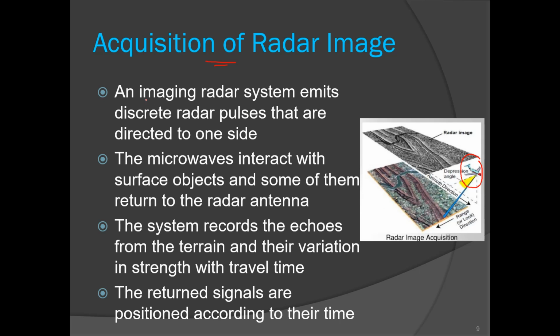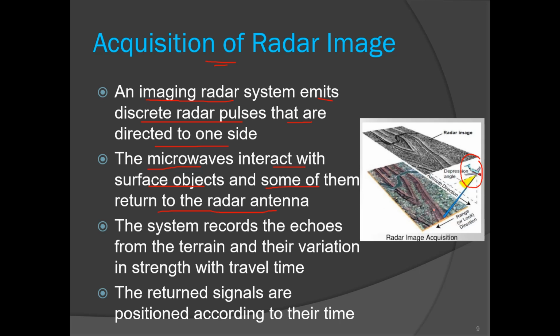An imaging radar system emits discrete radar pulses that are directed to one side. Here we generally use radio waves or microwaves. These microwaves interact with the surface objects, and some of them return to the radar antenna, so the rays reflected from the object come back.